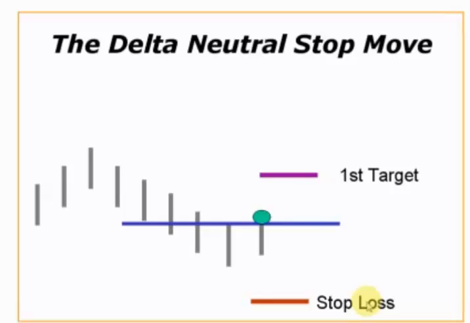Here's the thing. Most traders approach the market as a coin flip type of thing, or win or lose, right? You're either going to win or you're going to lose. Doesn't have to be that way. We can manipulate the trade in the trade management phase so that we prevent a stop out, and we prevent losing, and that becomes a break-even trade or a wash, right, or a draw.